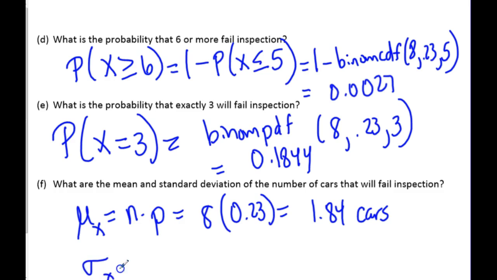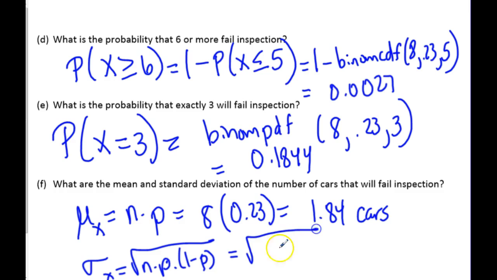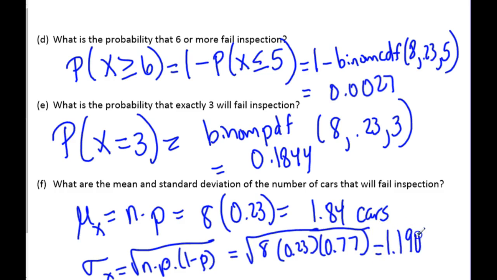And my sigma of x is equal to the square root of n times p times q, or n times p times 1 minus p, which gives me the square root of 8 times 0.23 times 0.77, and we get 1.1903 cars.